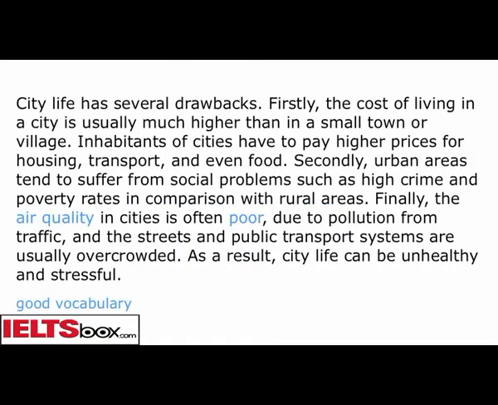So air quality is poor, that's good language. Due to pollution from traffic, this is extra information, so I've put it between 2 commas. Public transport systems, that's good language. And finally, 3 adjectives: overcrowded, unhealthy, and stressful.